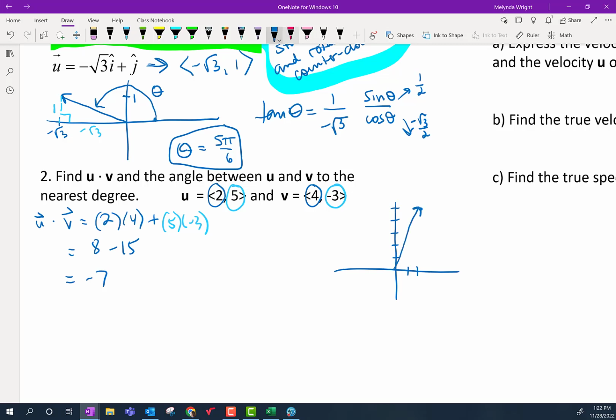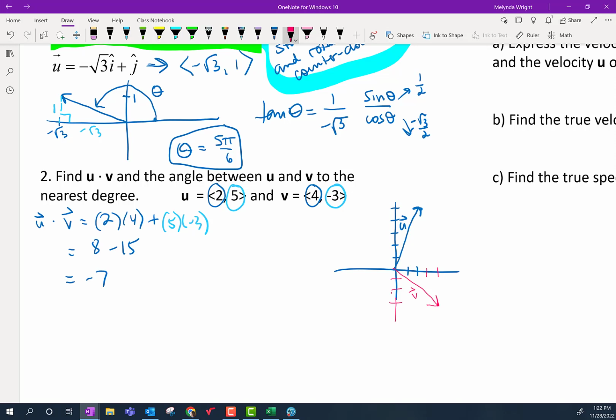So like that, and we'll call this one vector u. Vector v is over 4 and down 3. It's right here. Vector v, and those are in standard position, so they are tail to tail.